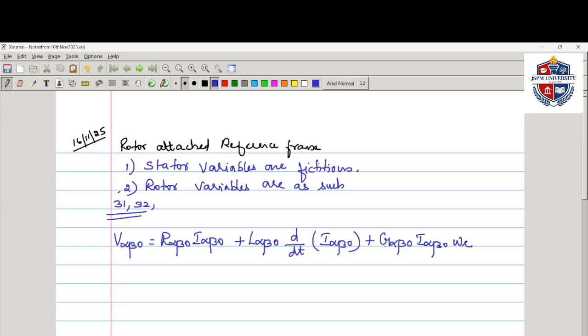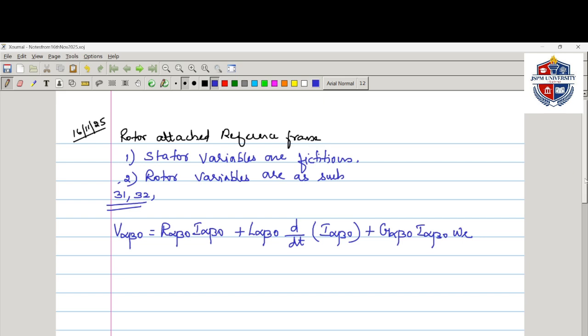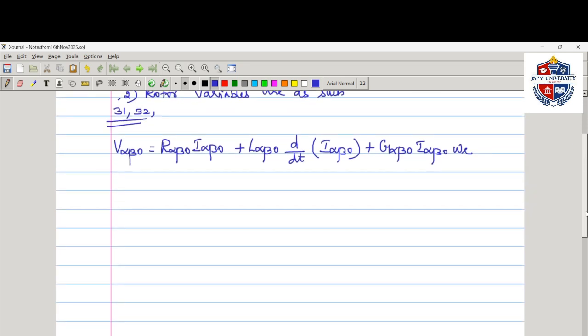We have seen G alpha beta naught is entirely the speed EMF term. This is the resistance drop term, and this is the voltage across the inductance. As I said already, we are moving all the stator variables to the rotor.